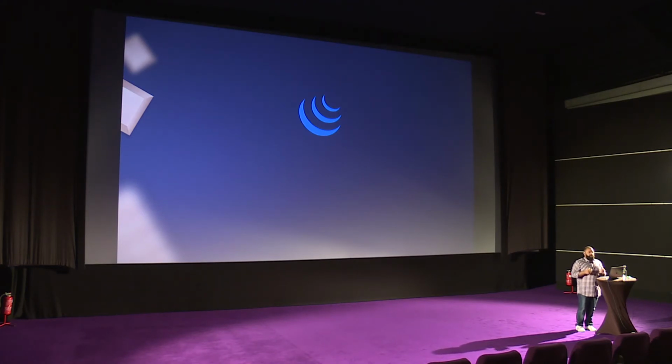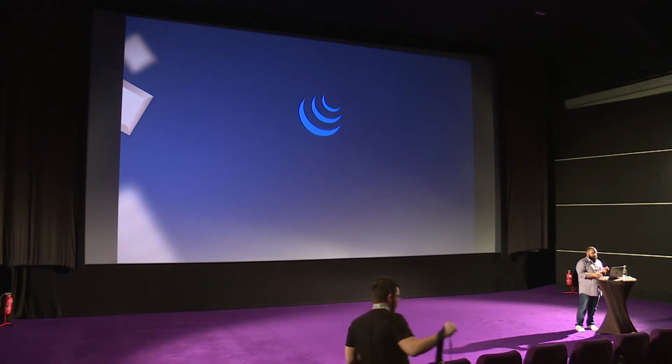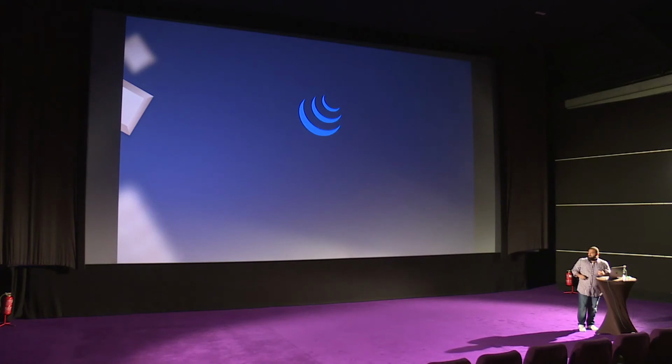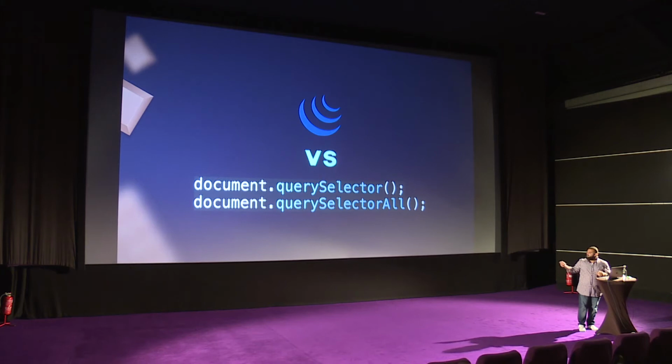And the platform saw these problems and tried to bring most of the things that were good in jQuery to the native side. So, for example, we can use CSS selectors to get elements with the document API.